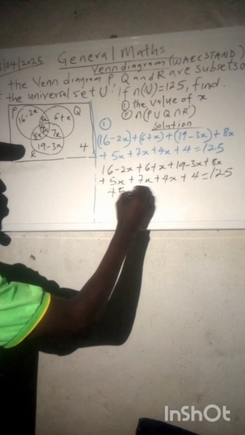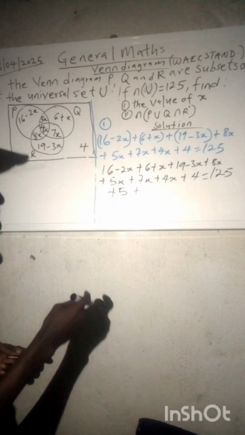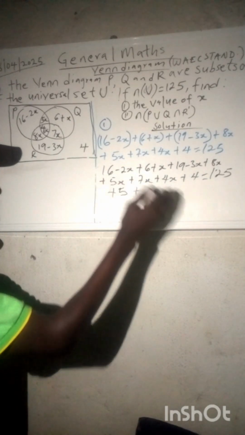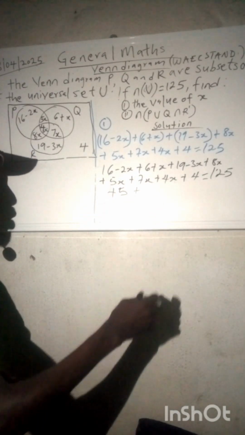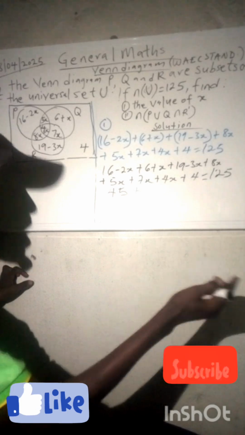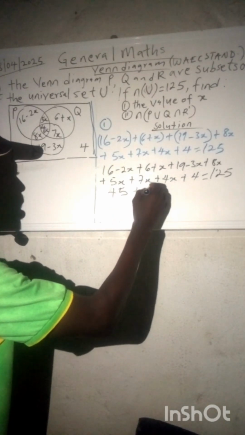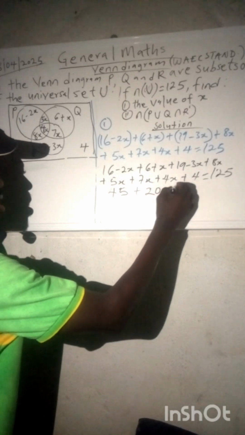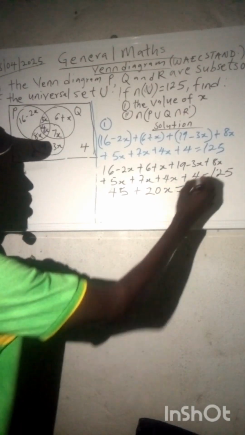And if you do the same to the x and the coefficient of x, you sum them up as well and subtract. Don't forget, minus means owing, while plus means having. Having said that, by the time you add and subtract, you will get 20x, which is equal to 125.